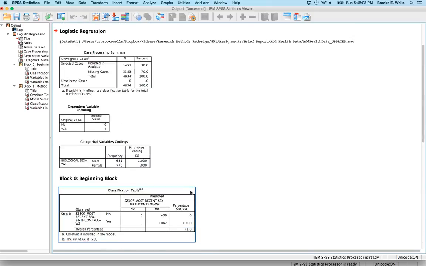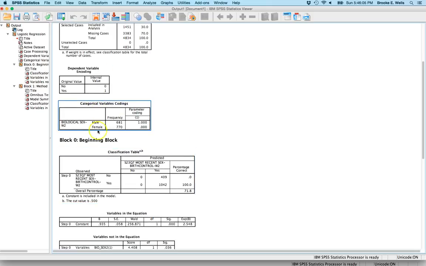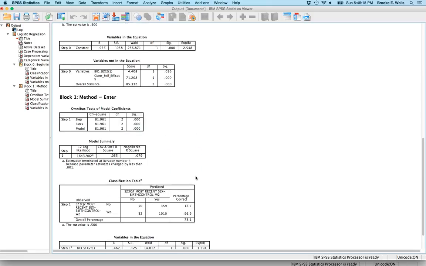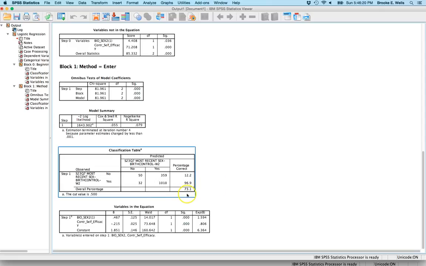Although if we look up here at this beginning block, this with nothing in the model, how well would we predict contraceptive use? And that's 72% roughly. So just by chance, we would predict 72% correctly. And then with both of the variables in the model, we predict 73% correctly. So again, this is a very small effect. We're not getting all that much better with the variables that we have in the model.